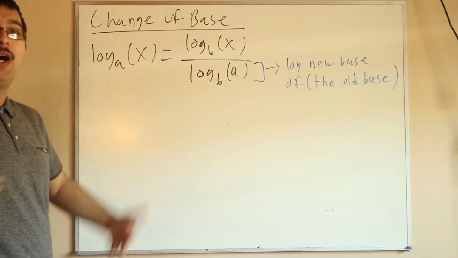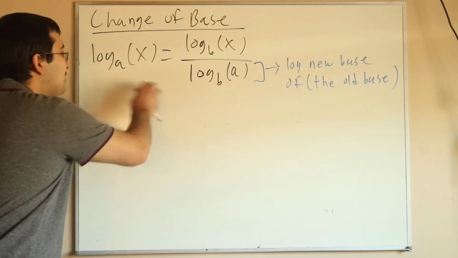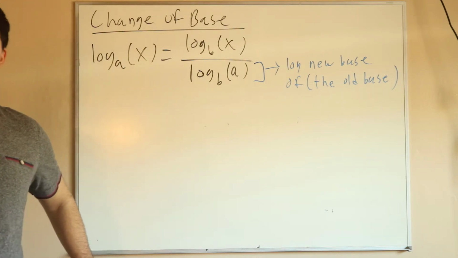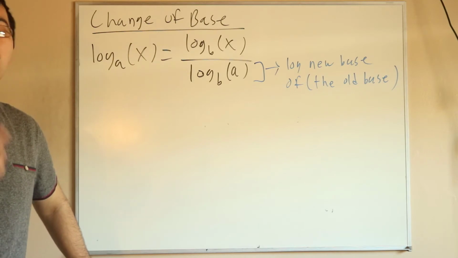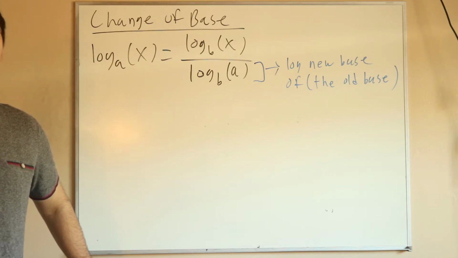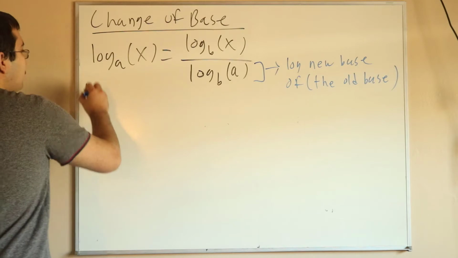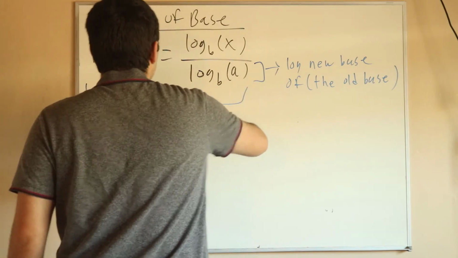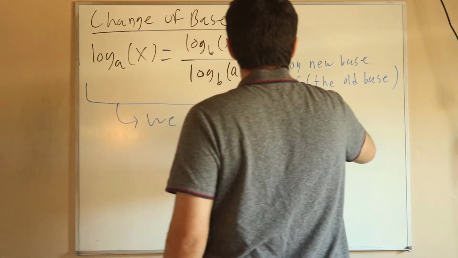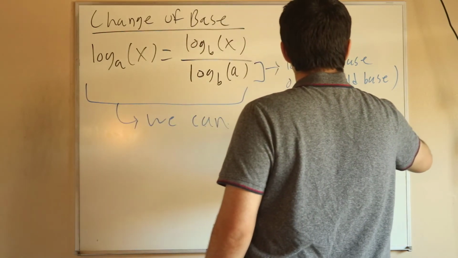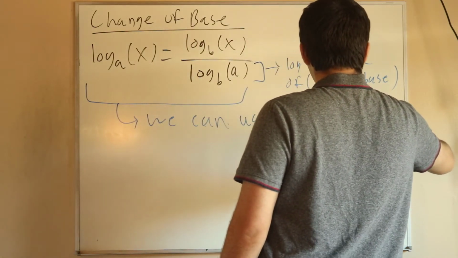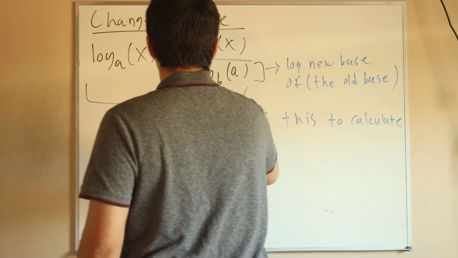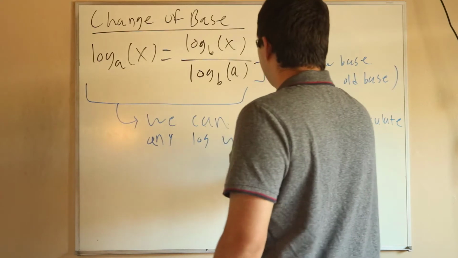So for us, again, why is this so important? Using this formula, we can take any log base, change into a log base 10, change into a log base e, and then from there, we can calculate any logarithm by hand. So why we care so much about this is we can use this to calculate any log with a scientific calculator.